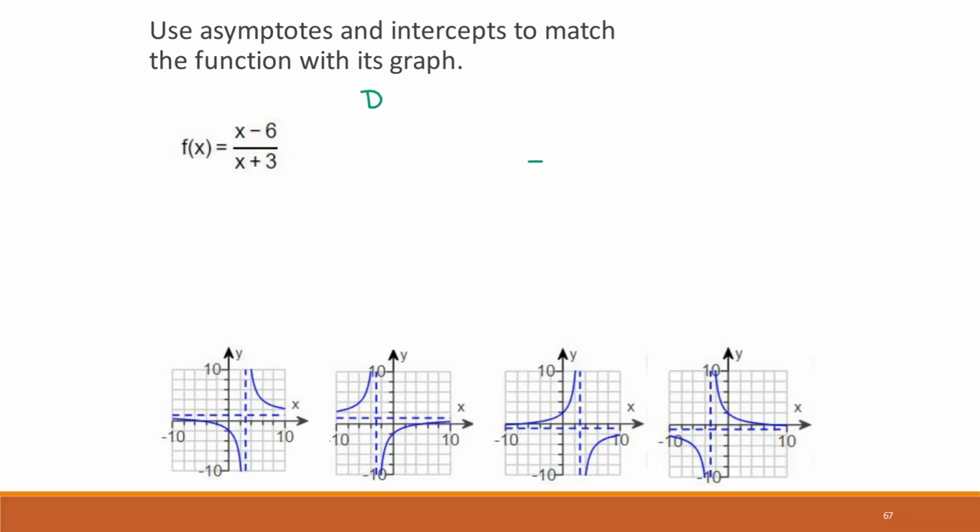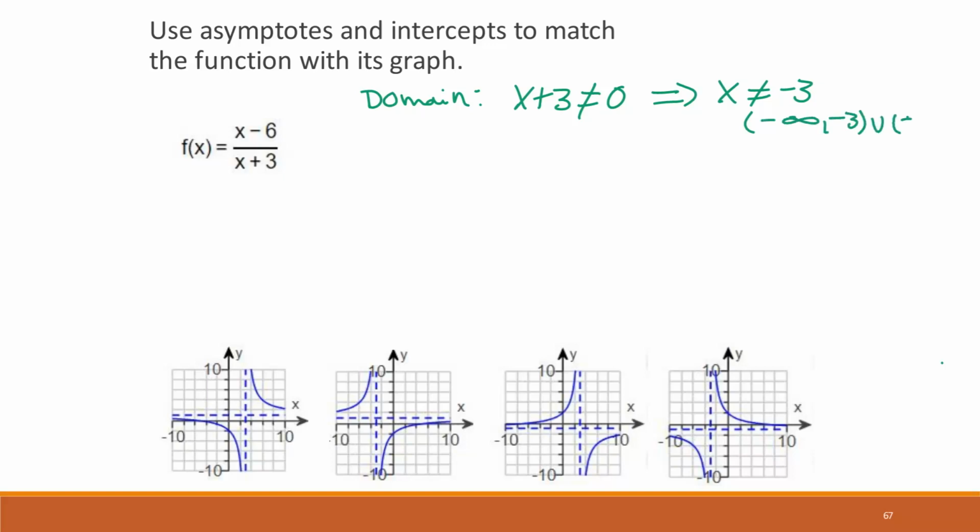So our domain for this one comes from the fact that x plus 3 cannot equal 0, which tells us that x cannot equal negative 3. So since x cannot equal negative 3, our domain is from negative infinity to negative 3, union negative 3 to positive infinity.